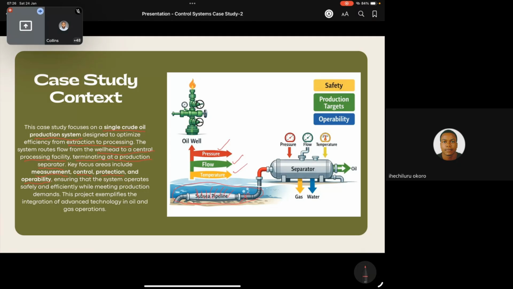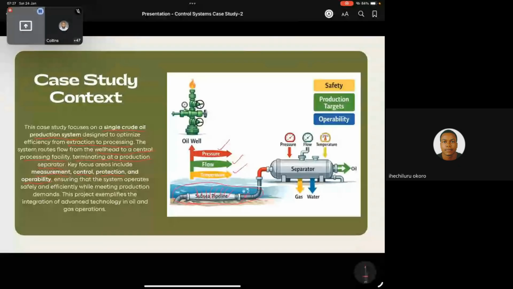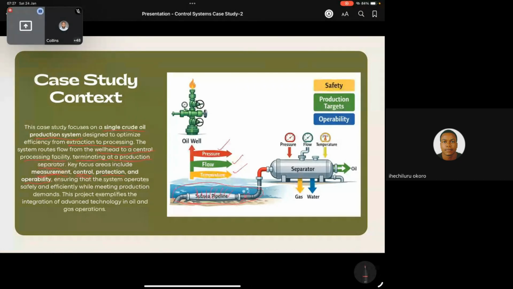Even the crude flowing in it can cause what we call hydration, such that if the initial diameter of that pipeline is, let's say, 20 inches, over time, the effective diameter could reduce to 10 inches due to the formation of hydration and other deposits, right? So the owner of this facility needs to measure, needs to control.